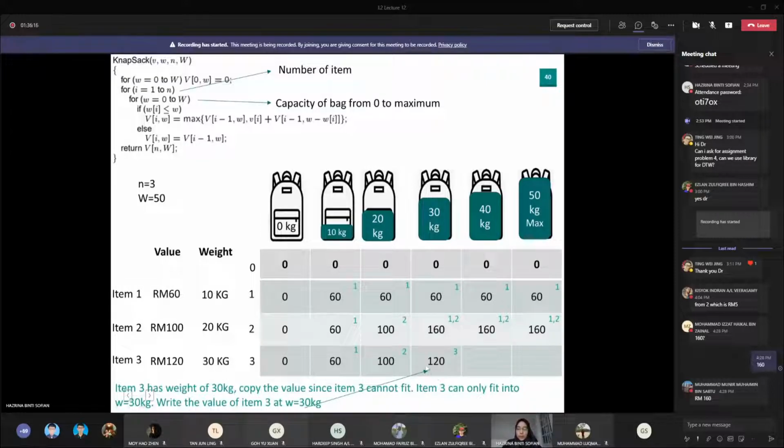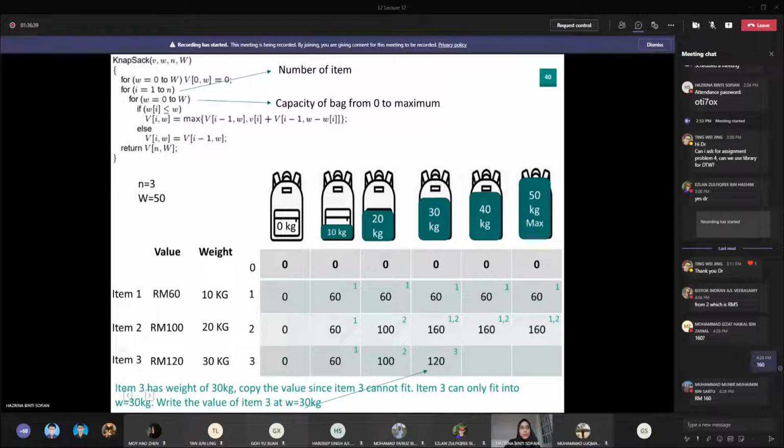So based on this weight, the highest we will take is 30 kg. That is why it is not item 1 and item 2. Then let's try at capacity 40 kg.